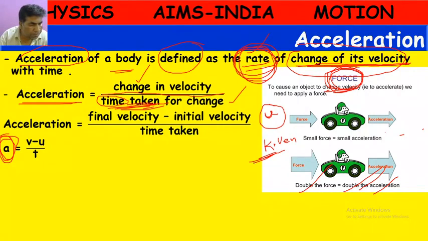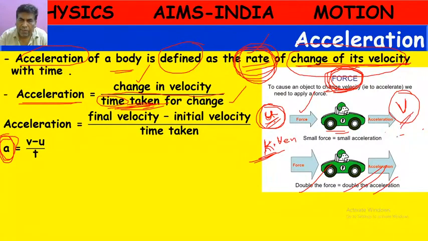Before the name we have one letter, and this is called initial. In the same way, u stands for initial velocity. Before applying a force, whatever velocity the car has is called initial velocity. After the force, velocity will change. Let it be v.